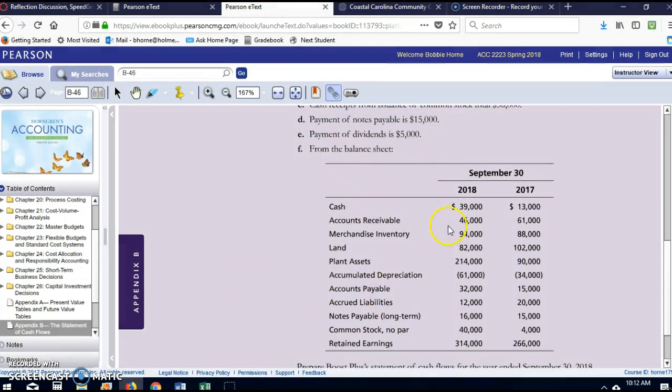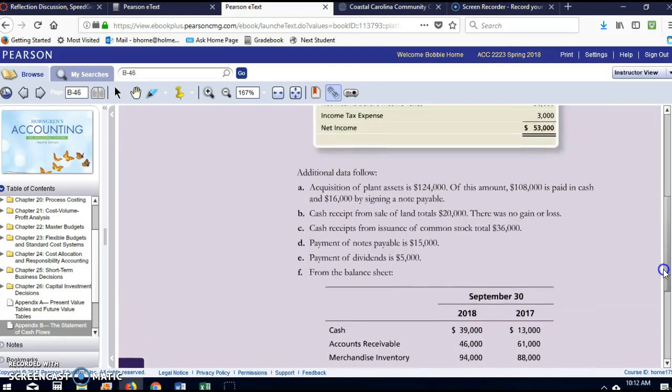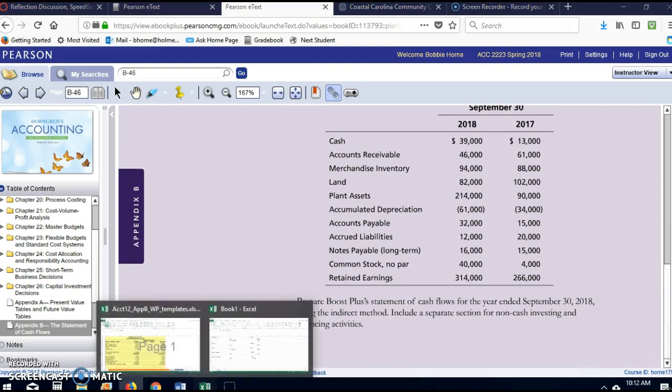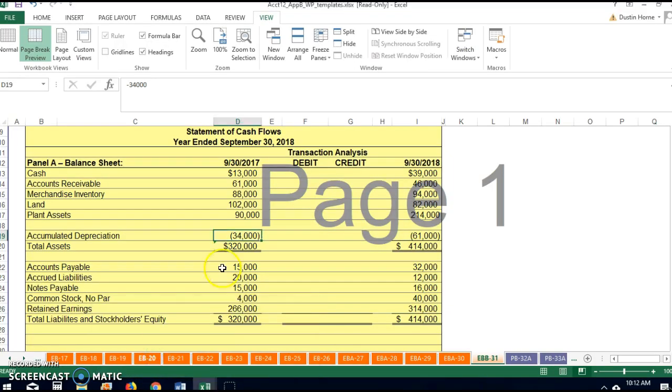Okay, and then from the balance sheet are these amounts. If we look at this, we're going to look at the spreadsheet and we're going to either debit or credit to get these balances to reflect the new balance.